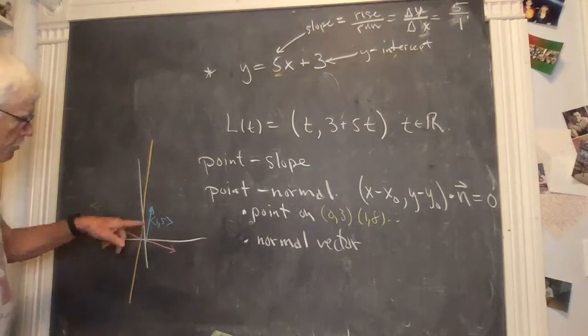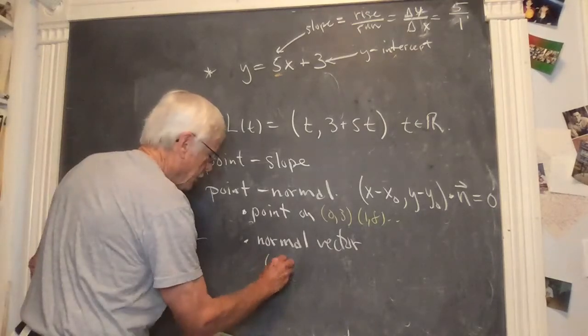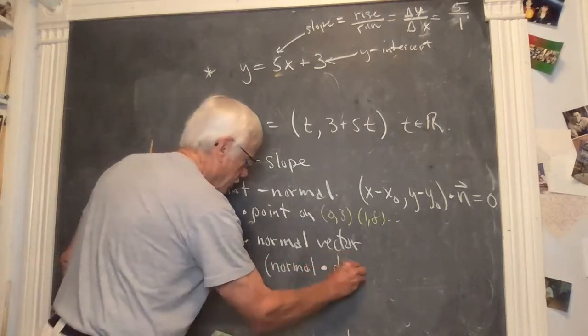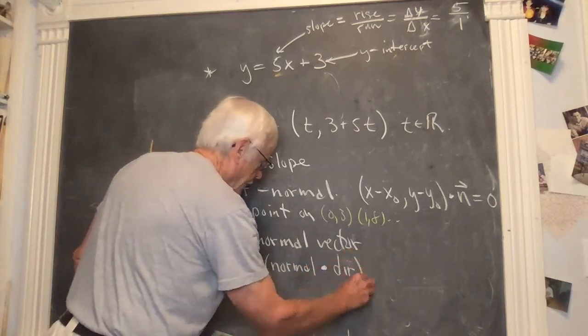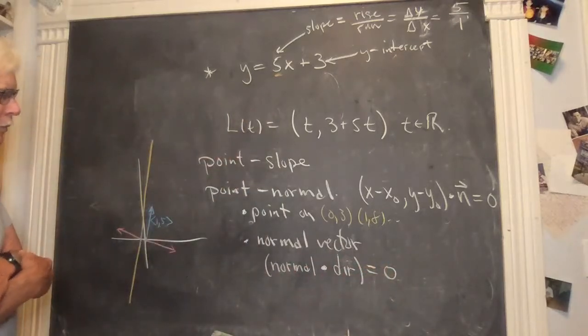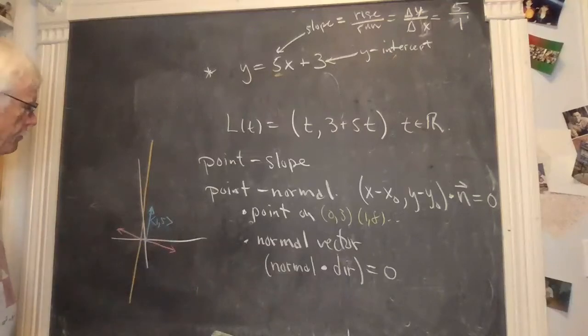And what does it mean to be normal? Here you need that the normal dot product with the direction of the line is 0. That's what it means to be perpendicular, is the dot product is 0. So you need to make the dot product with 1, 5 be 0.